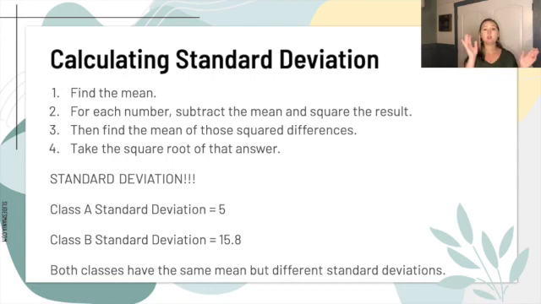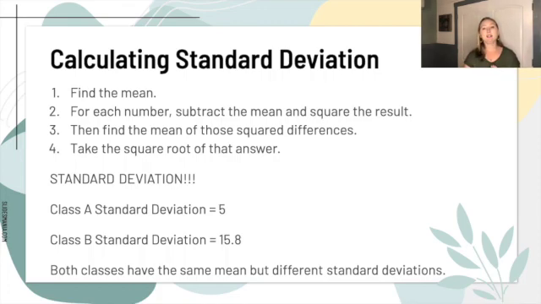So let's say you have a test score of 72 and the mean or average test score is an 80. So you're going to go 72 minus 80, which equals -8. Then you're going to square that number, or, to the second power, okay? -8 to the second power, or squared, equals 64. Remember that two negatives make a positive.